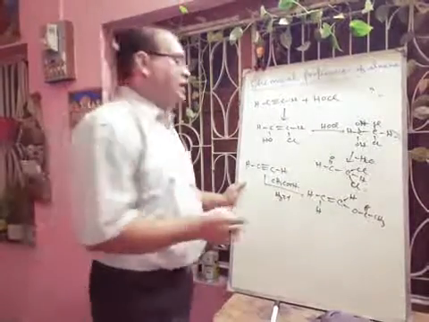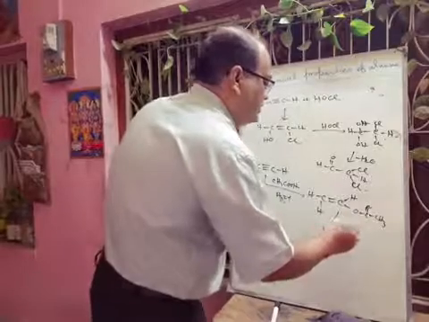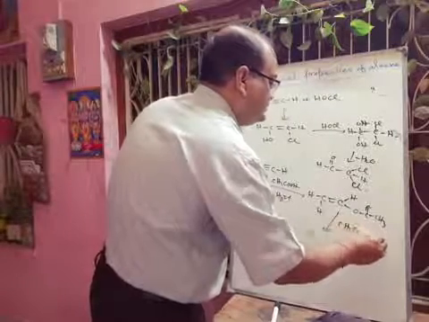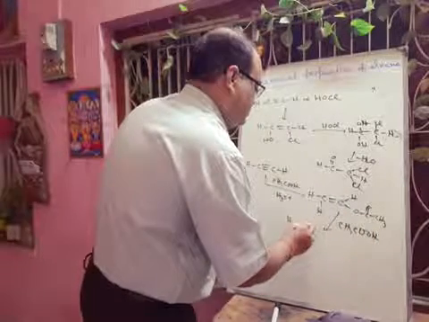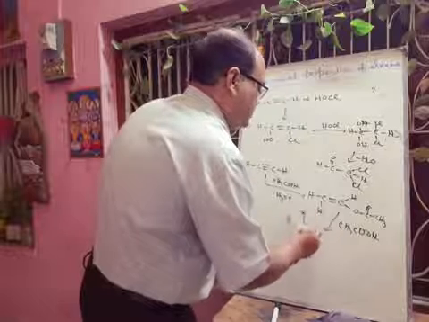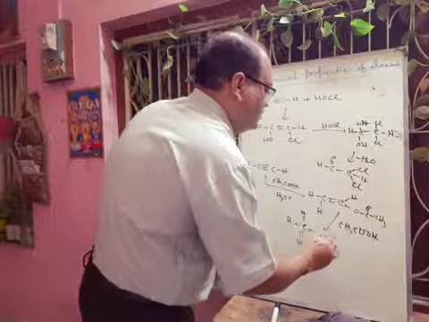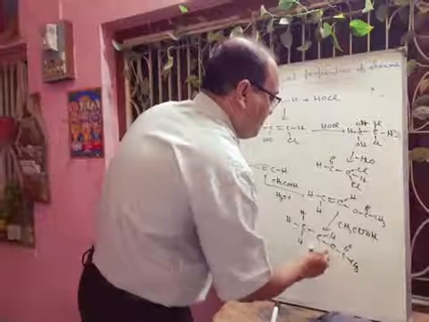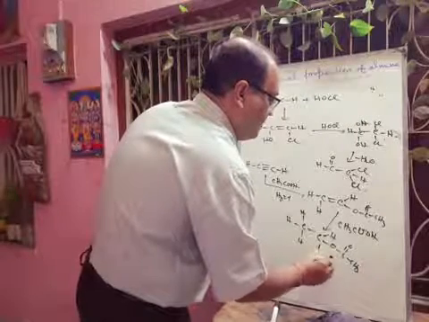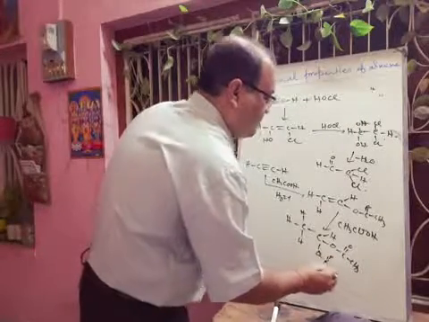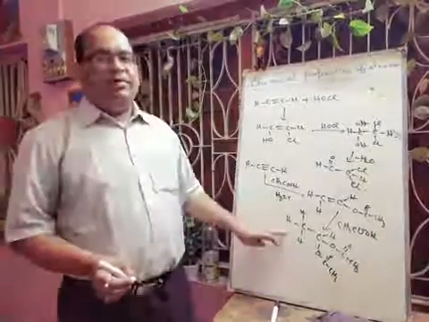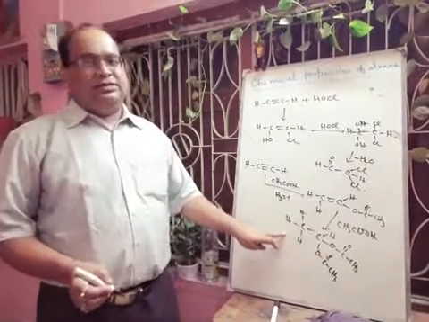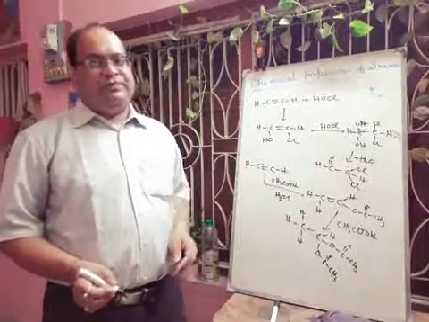Okay. Now again, if you give one molecule of acetic acid here, this acetate group will be added on the same side. Okay. And this compound is called ethylidene acetate. Okay. Two acetate groups are there.